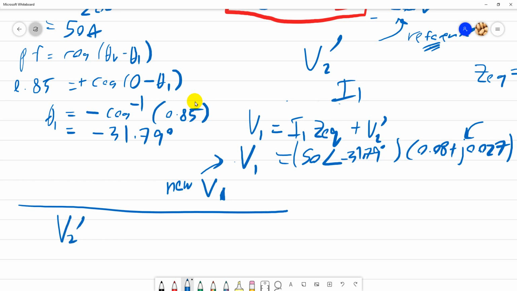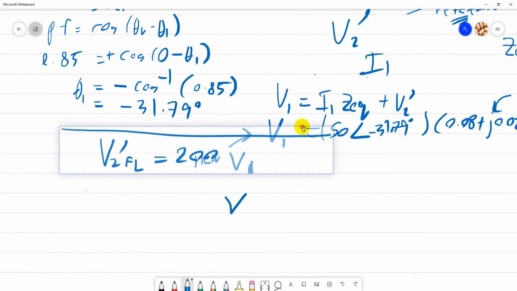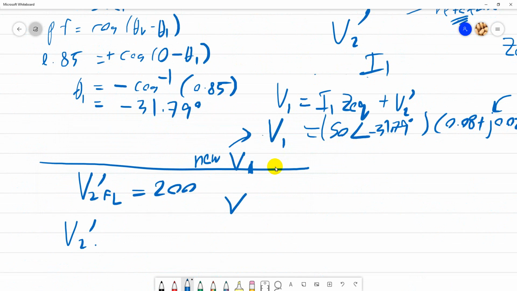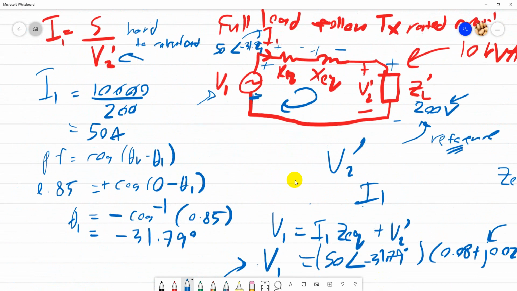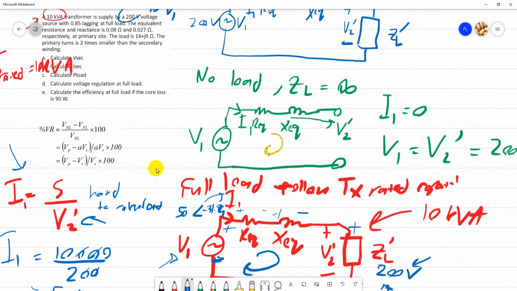So basically from this, you can know that V2 bar at full load is basically 200 volt, because we already use it here. But how about the V2 bar at no load? So we recall back the original one: when there is no load, V1 is equal to V2 bar.